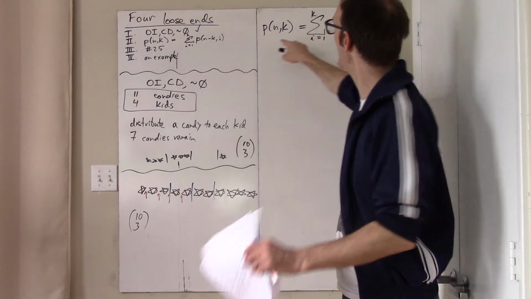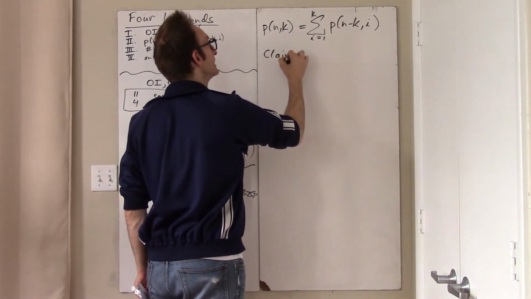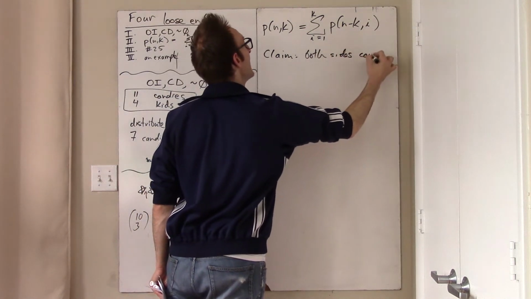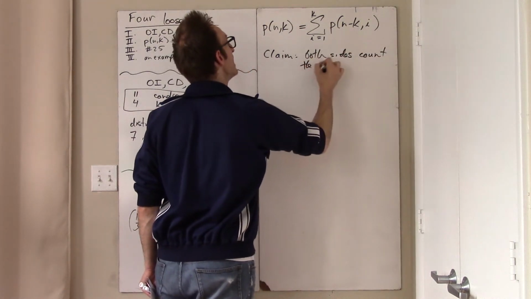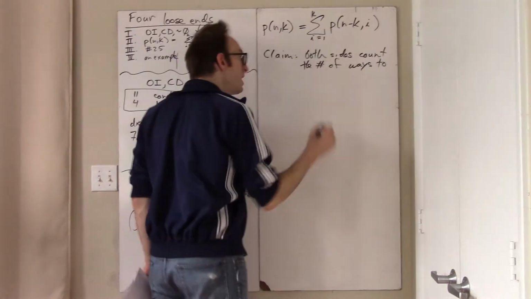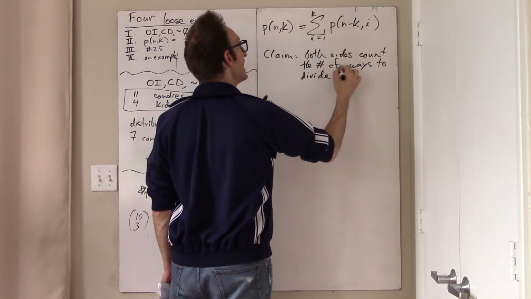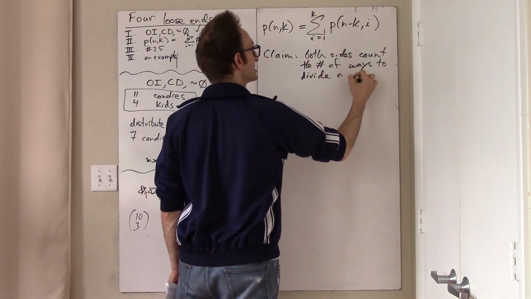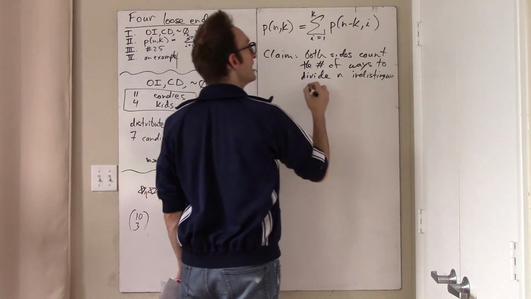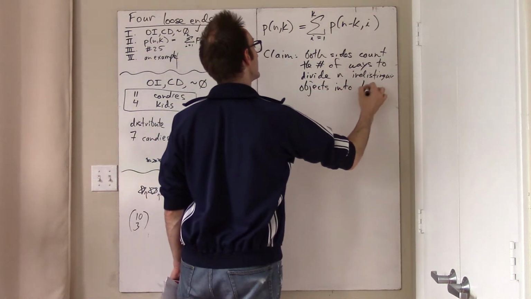Well, what is P(n,k)? My claim is both sides count the number of ways to divide n indistinguishable objects into k piles.